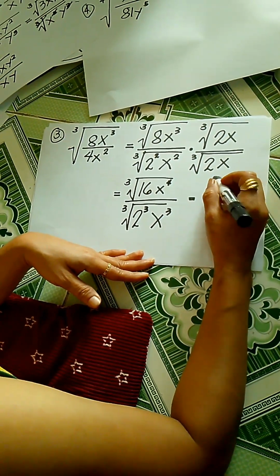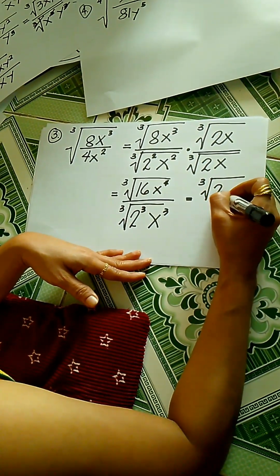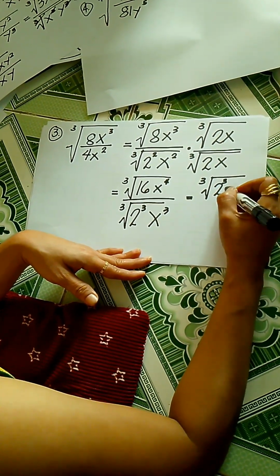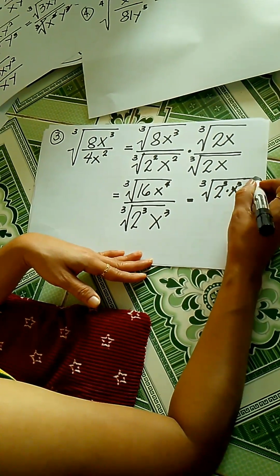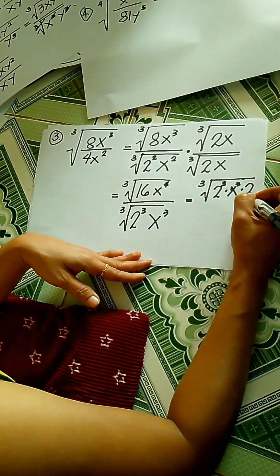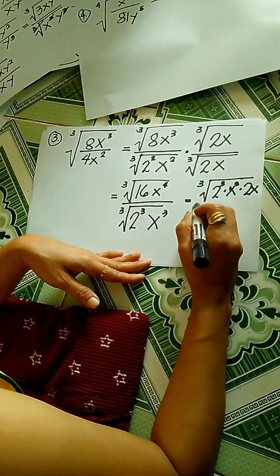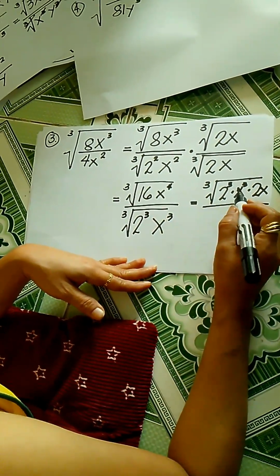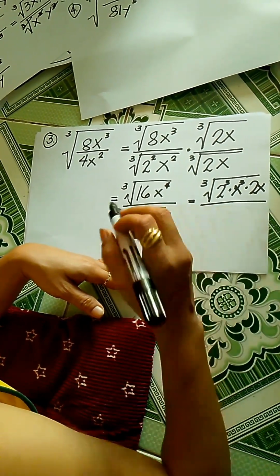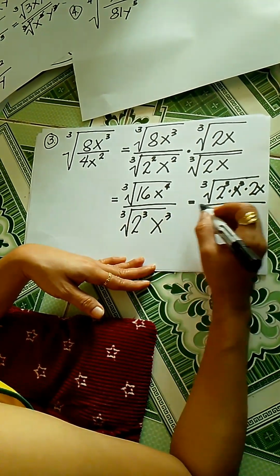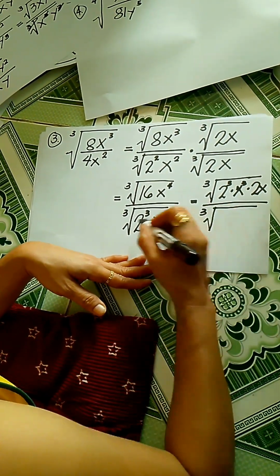Then, so, since ang 16 is factorable, wherein one of the factor is a perfect cube, and that is 8 times 2. And 8 times 2 can be written as 2 raised to 3. Ayan. And then, yung x raised to 4 is also factorable, which is x cube. And then, the other factor of 16 and x raised to 4 is 2x.